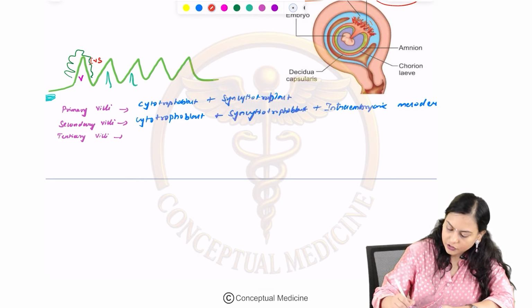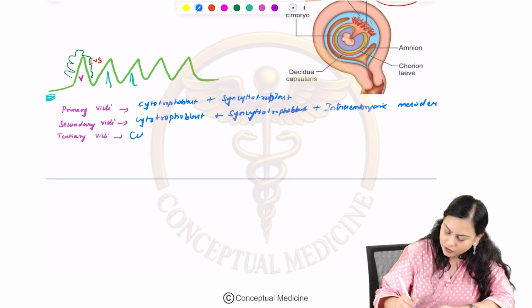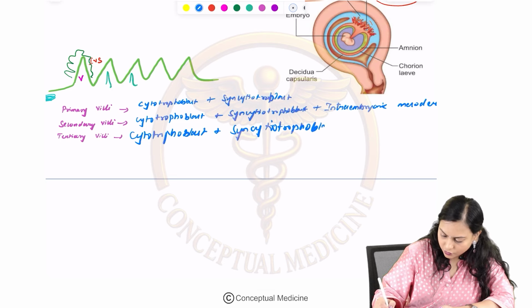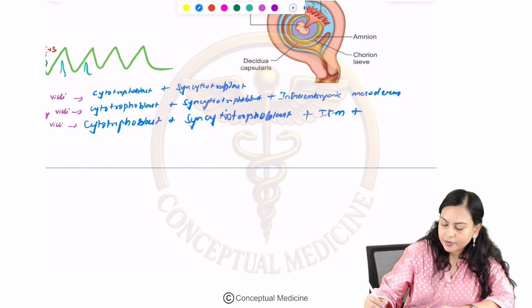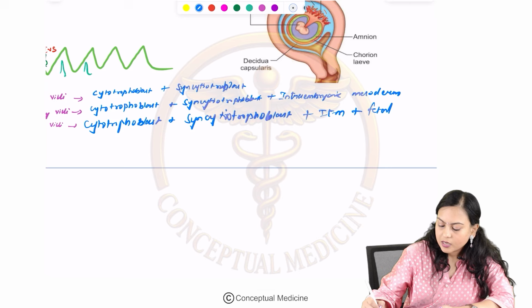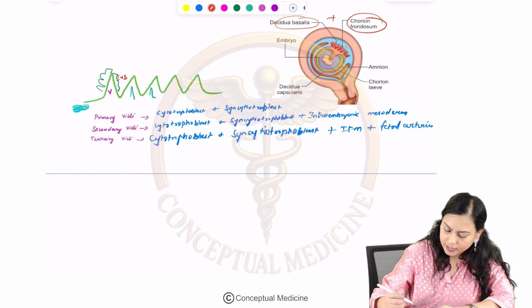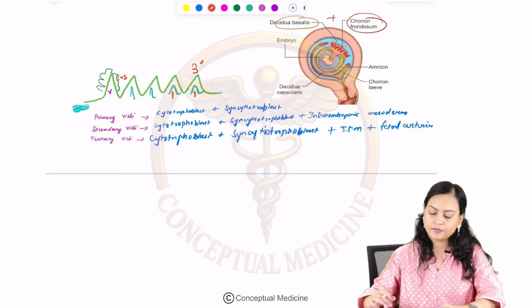And what happens with the tertiary villi is that you will have cytotrophoblast, all the same like secondary villi, syncytiotrophoblast, this intra-embryonic mesoderm, and now the fetal arteries also come in between. So these are the tertiary villi.